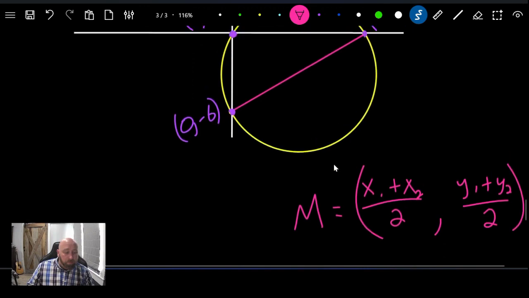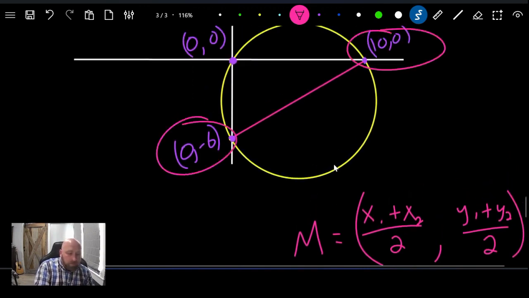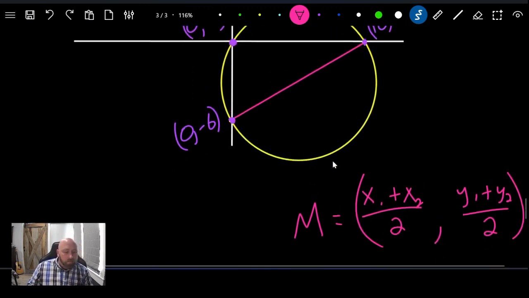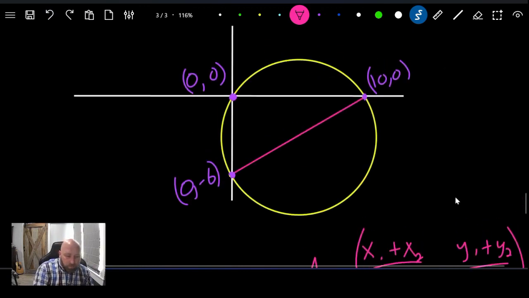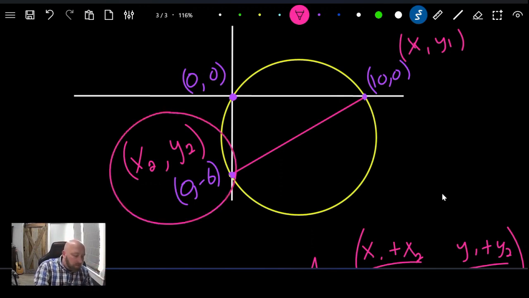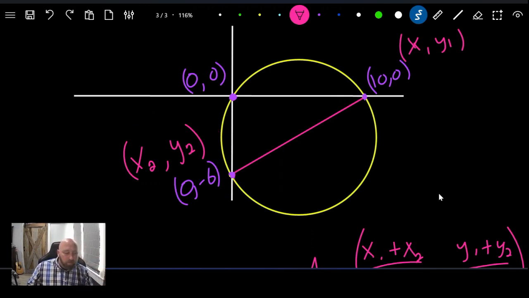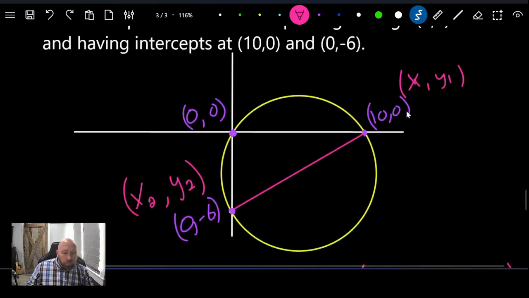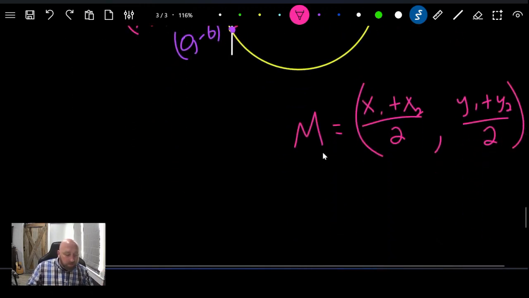So we're going to take our points, this one and this one, and plug them into the midpoint formula. Let's call this one the x1 and the y1, and this one the x2 and the y2. We just have to assign one of them, and it doesn't matter which one you pick. It's going to be the same. So our x1 is going to be 10, and our x2 is going to be 0.